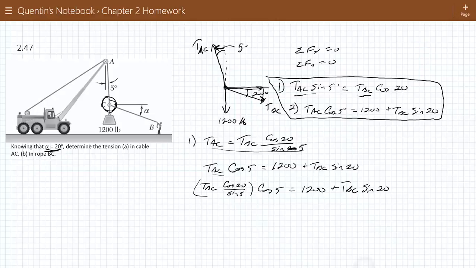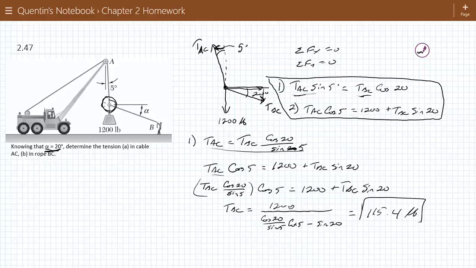You have one equation, one unknown, so you end up with TBC is equal to 1,200 over cosine of 20 over sine 5 cosine of 5 minus sine 20, which ends up being equal to 115.4 pounds. So TBC is 115.4 pounds.